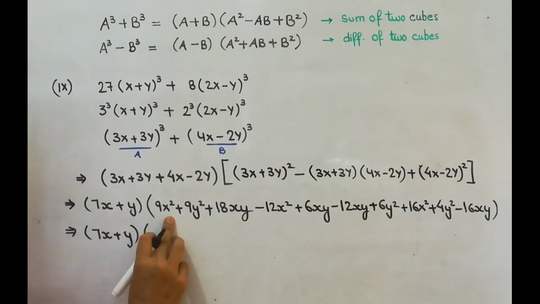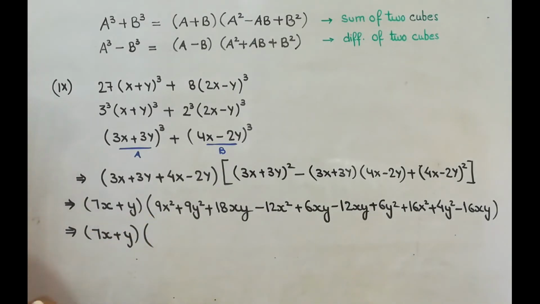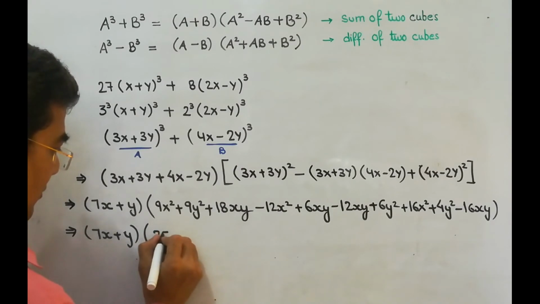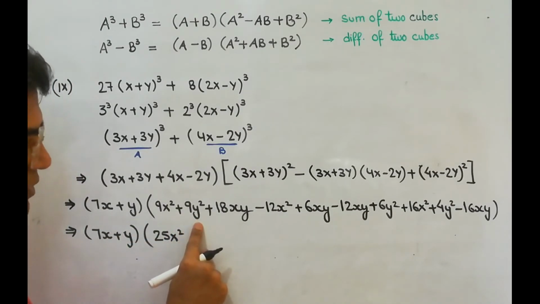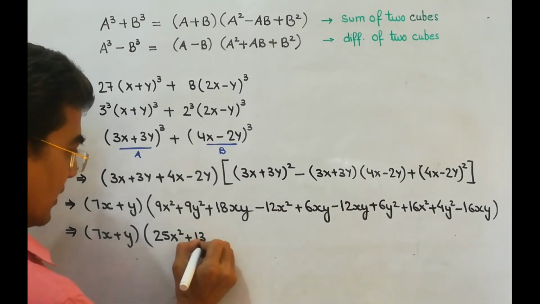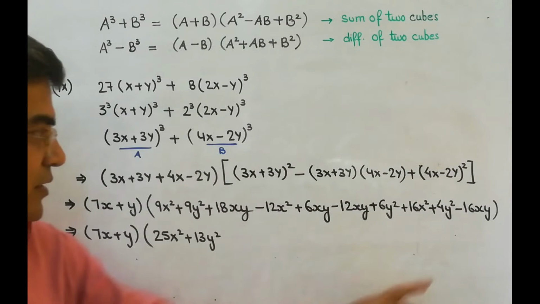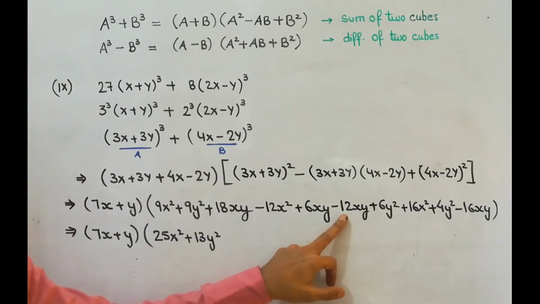Now, 9x square with 16x square will give you 25x square. 9y square with 4y square will give you 13y square. Now for the terms having xy, minus 16 minus 12 will make it minus 28.